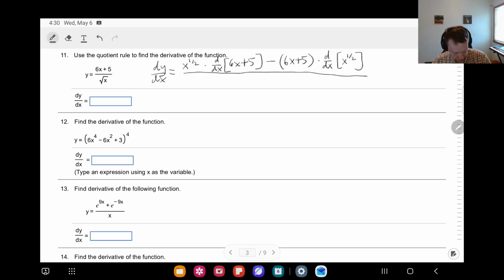Okay, then that is over low squared. All right. So next.